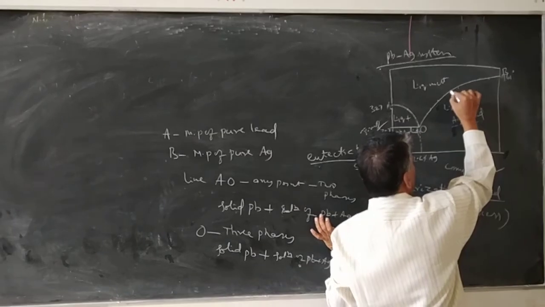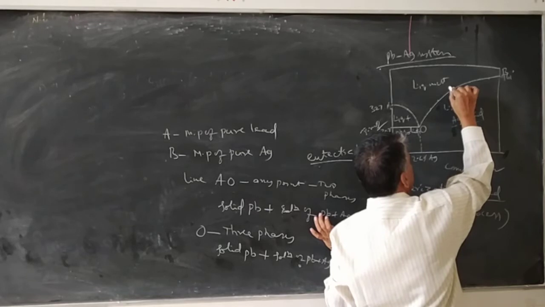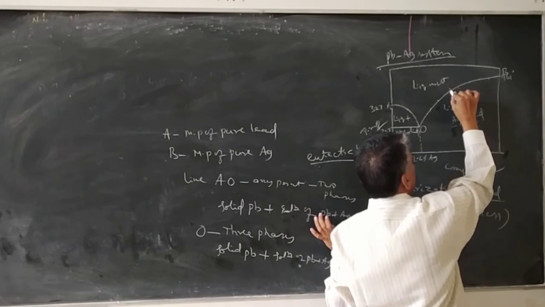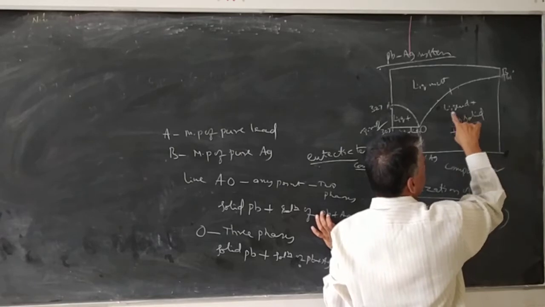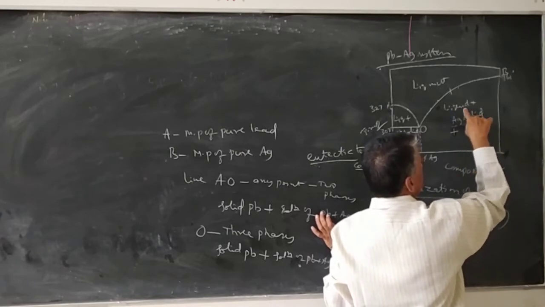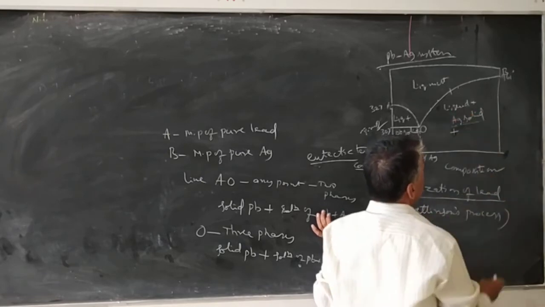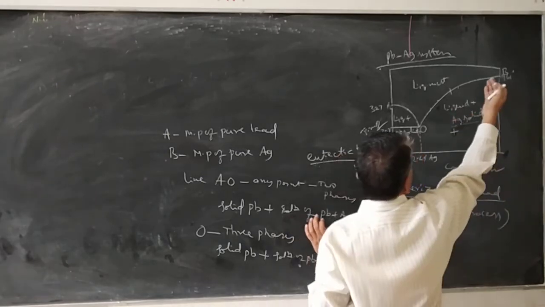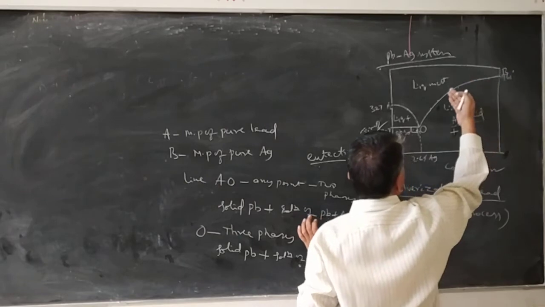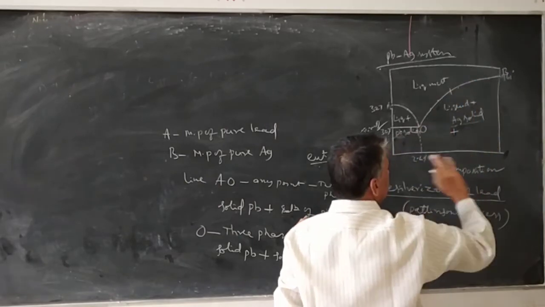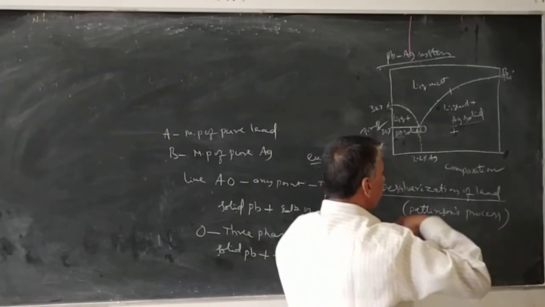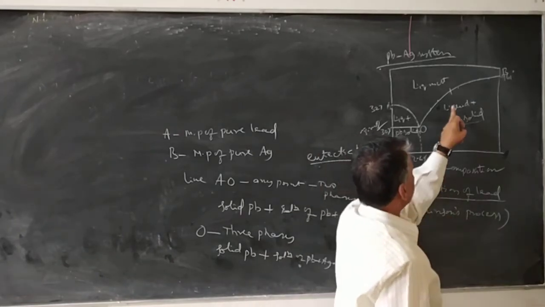If you take this point, at this point we have two phases. One is solid silver plus liquid. Liquid means the solution of silver and lead. That's called liquid here. And this decrease takes place up to the point O only, and further decrease is not possible even if you add more lead.